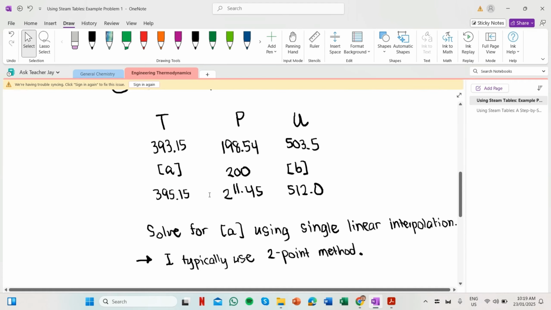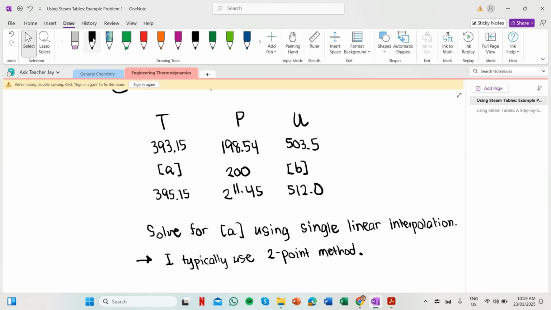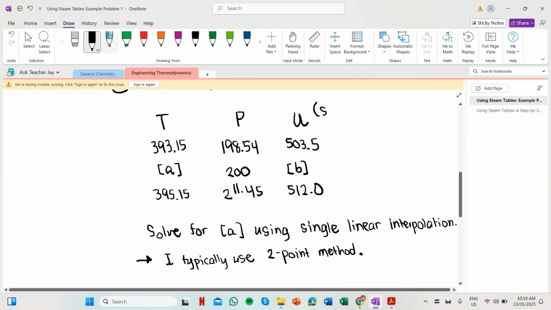Okay, so I'll do the same thing, but this time the left side of the two-point method equation is the internal energy data for the saturated liquid. I'll just write it here to emphasize that it's not yet the final answer.